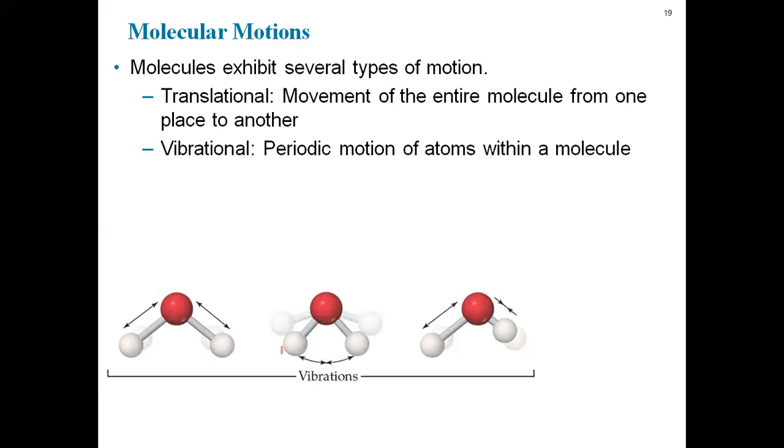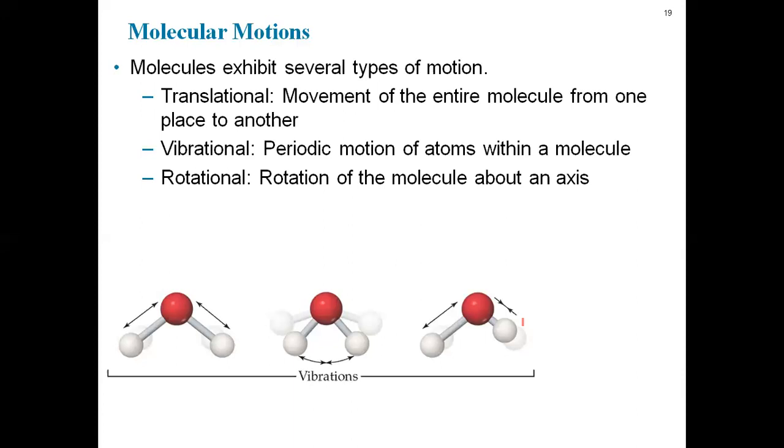We can also have the squeezing of the angle between the hydrogen atoms, or we can have the stretching of the H atom and oxygen atom in a non-symmetrical way, so one stretching, the other compressing. Those are all possible vibrational motions for the molecules.